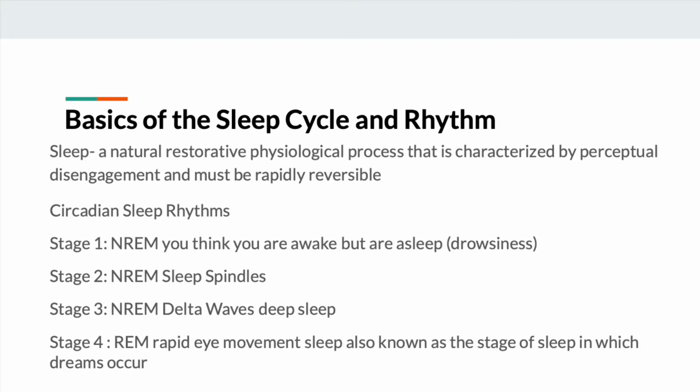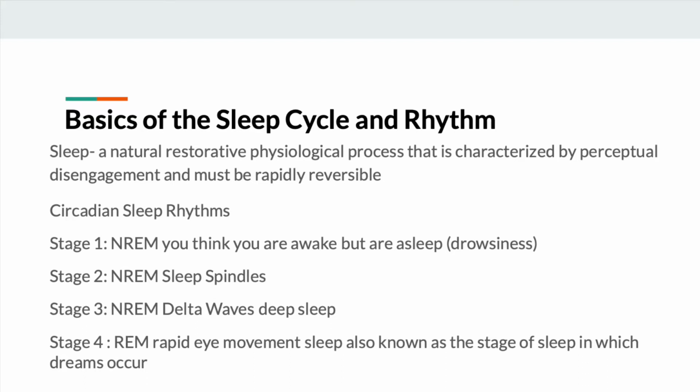Sleep is defined by our circadian sleep rhythms, and within our circadian sleep rhythms, there are 4 stages. First stage being non-REM sleep, in which you think you're awake, but in reality you're asleep. So this is drowsiness. The second stage being non-REM light sleep.